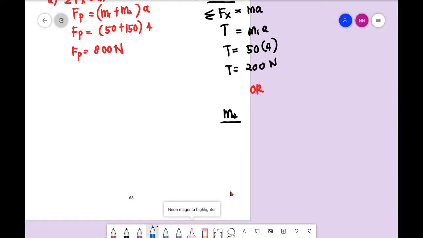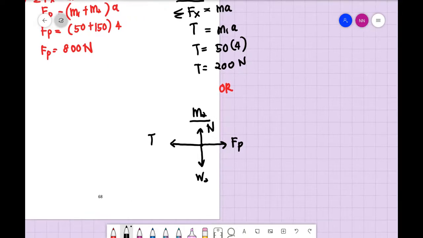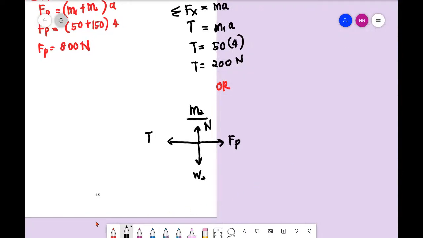Okay, let us draw the free body diagram for M2. So it has force P to the right, tension away from M2, weight of M2, and the normal of M2.